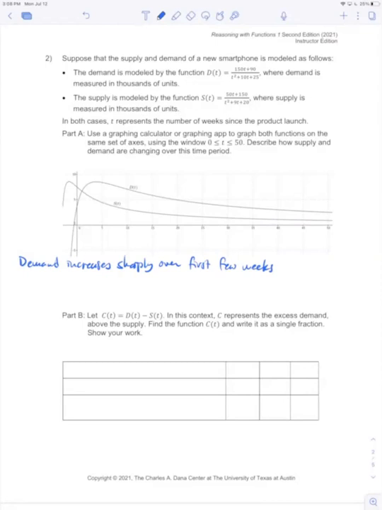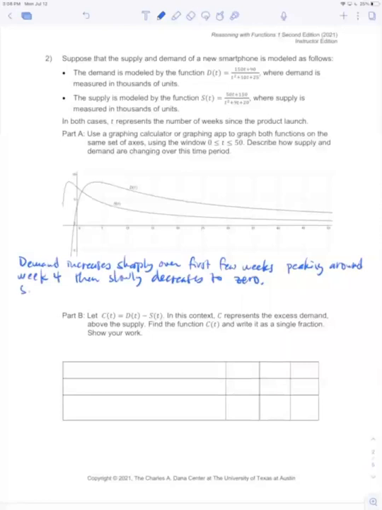Then it starts to decrease slowly. And finally, it seems there's a horizontal asymptote at y equals 0. So it's going to be going to 0 in the long run. So, peaking around week 4, then slowly decreases to 0. And that would be for demand.